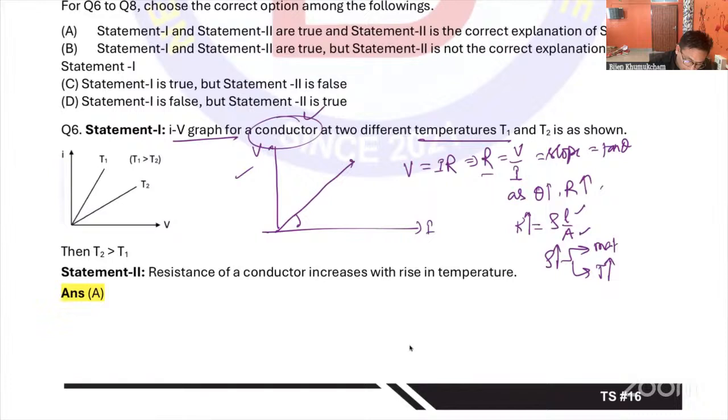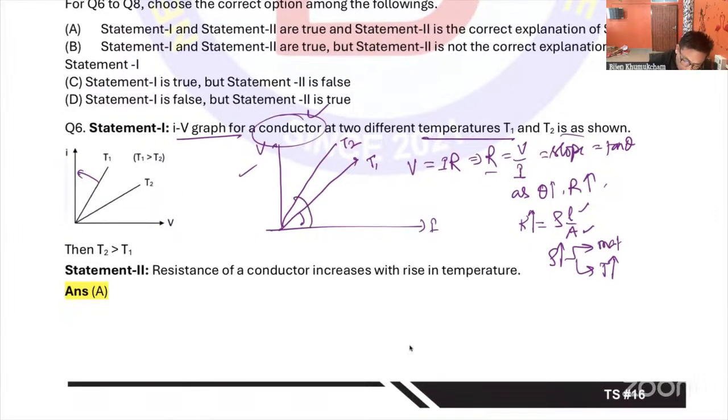So what they are saying is about temperature, they are giving this temperature. Let's modify this IV graph in this form. Definitely T1 will be here, closer to the I axis, and then T2. We are going to check which temperature is higher. In this graph, it is quite obvious that theta 2 is greater than theta 1, so automatically R2 is greater than R1.